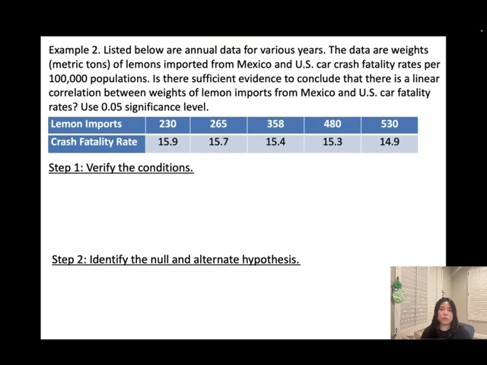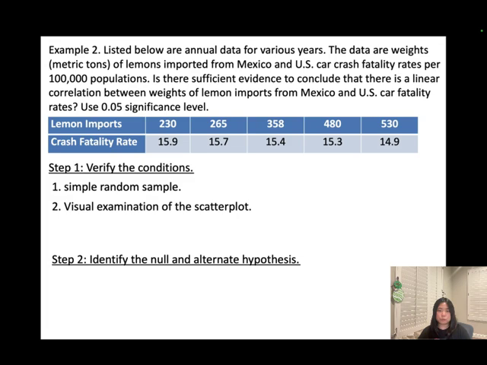Okay, example 2. I want you guys to try to do it by yourself. First, verify the conditions. So first, simple random sample and visual examination of the scatter plot.